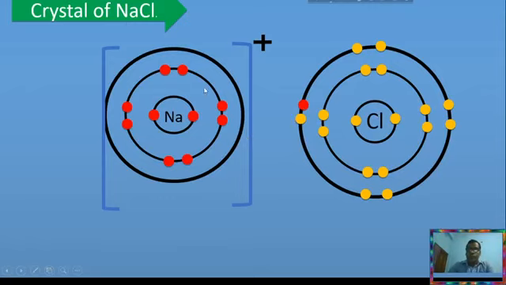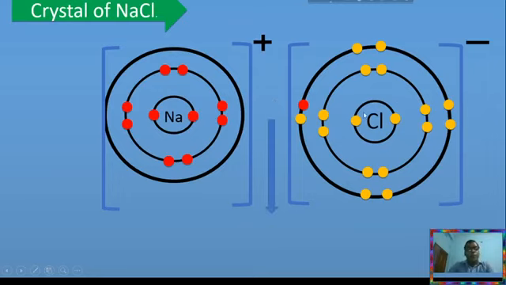Hence, this chlorine receives this electron from sodium and will be converted to a negatively charged ion, or anion. This positive charge and negative charge bond to each other and create a bond, and the name of this bond is ionic bond, producing the sodium chloride compound.